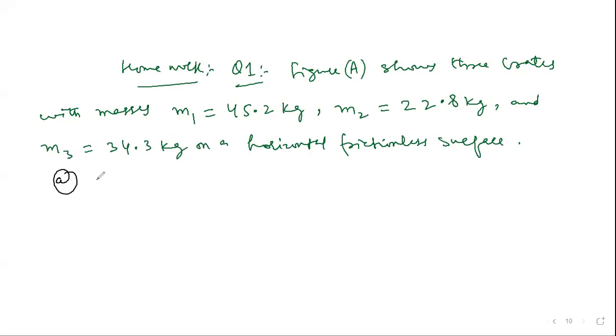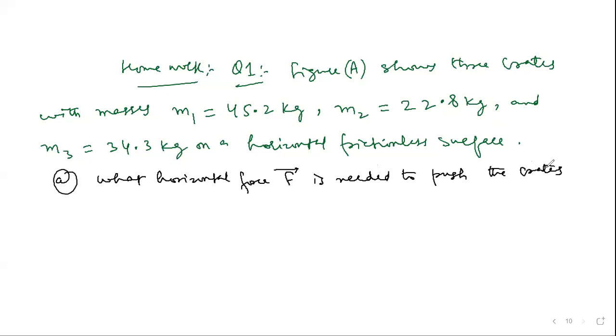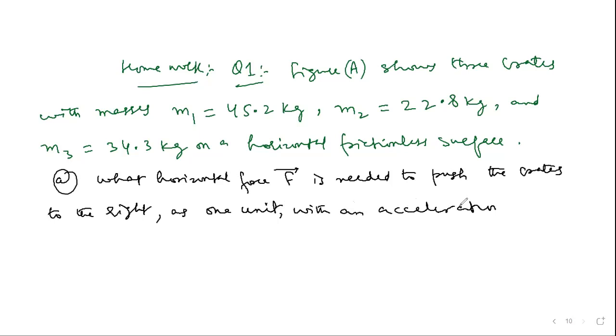Part A says, what horizontal force F is needed to push the crates to the right as 1 unit with an acceleration of 1.32 meter per second square.